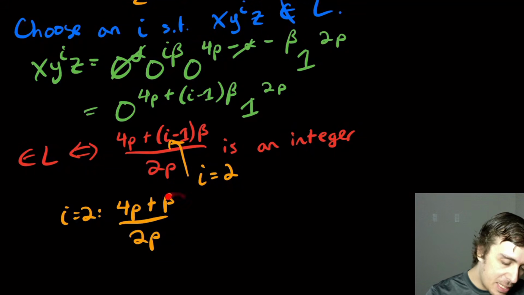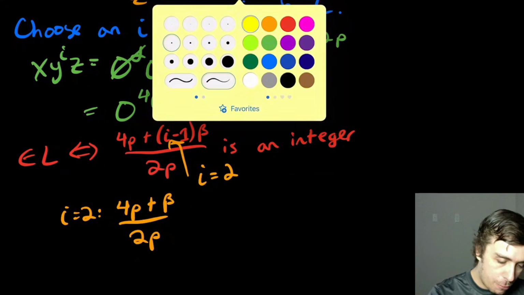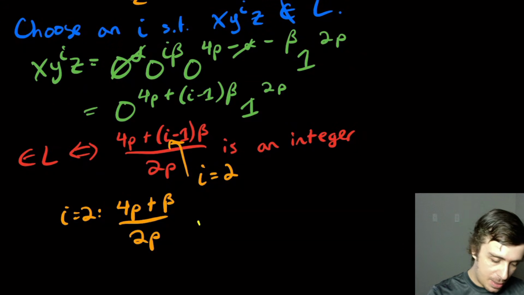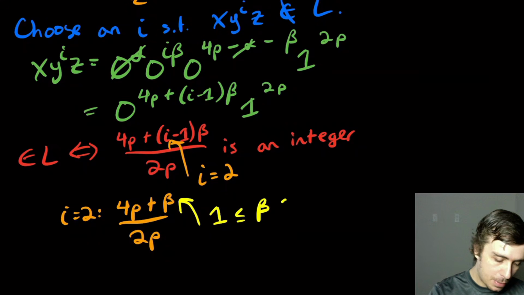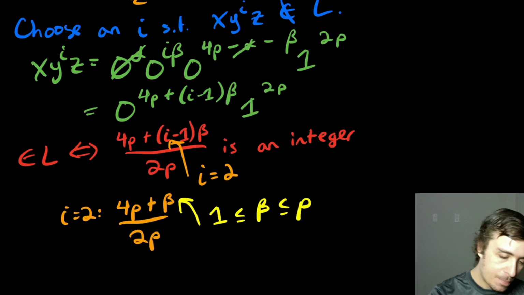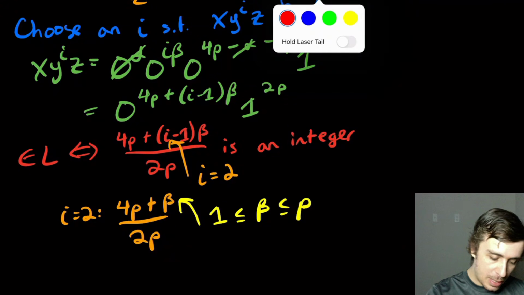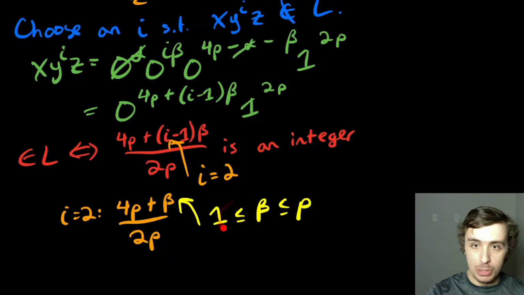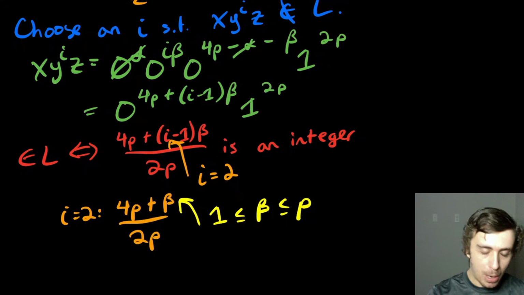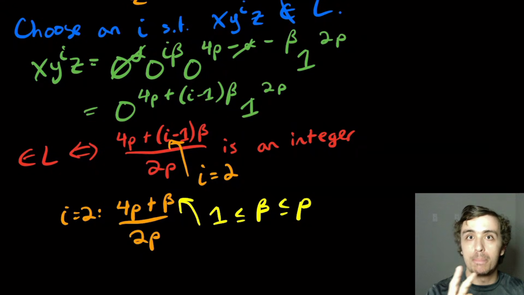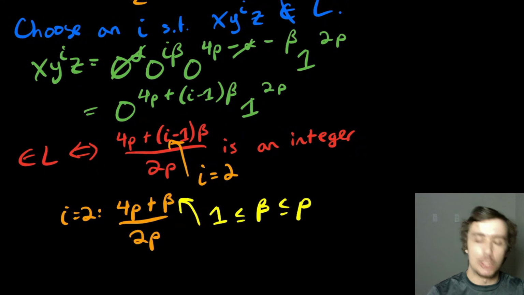But if we look at this, we know from the pumping lemma statement that beta itself is between 1 and p. One of the things that we need is that the part that we pump is non-empty, and this part says that the first 2 pieces have length at most p in total, and so that's where this comes from.